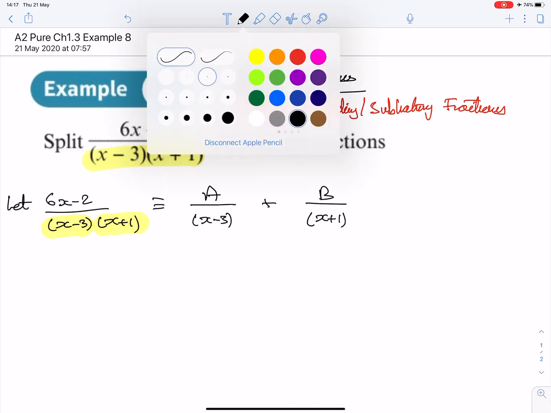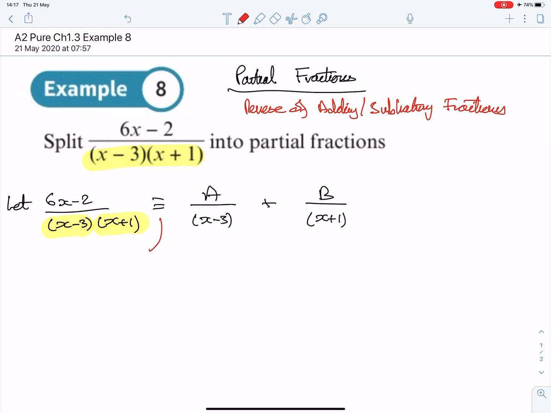Right. Now there's 1 or 2 other little things in here that we need to be sure of. This is an identity sign. So it's therefore true for all values of x. And that's going to be important later on as we go through this solution.